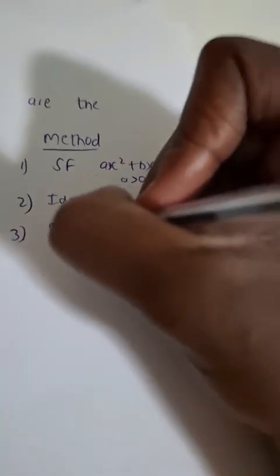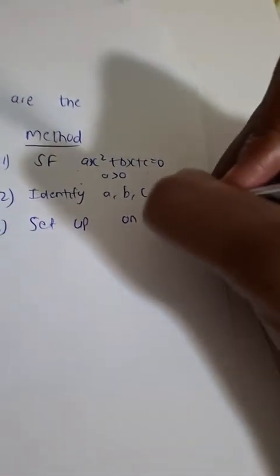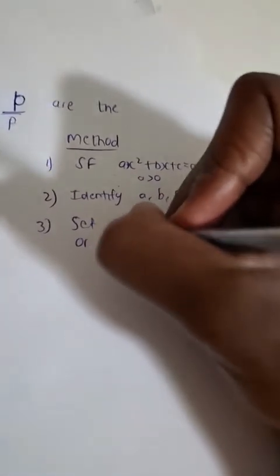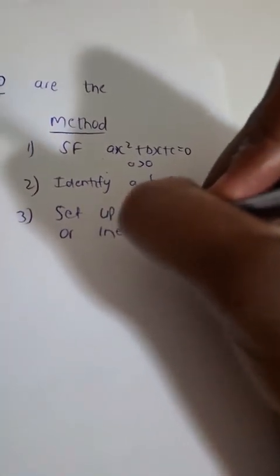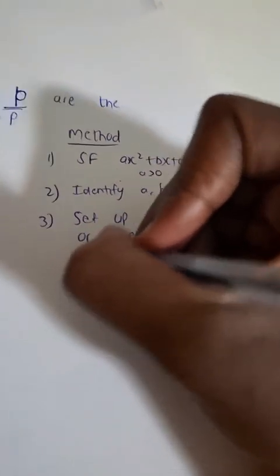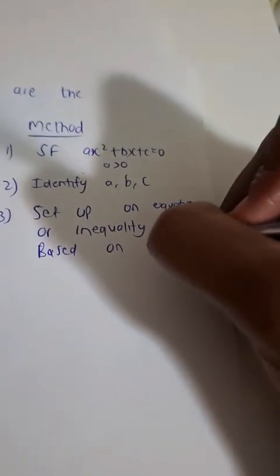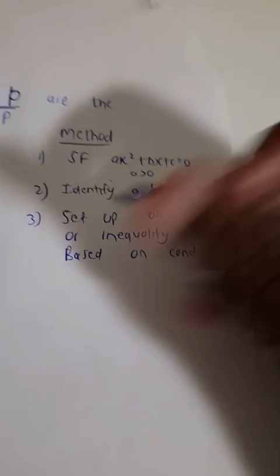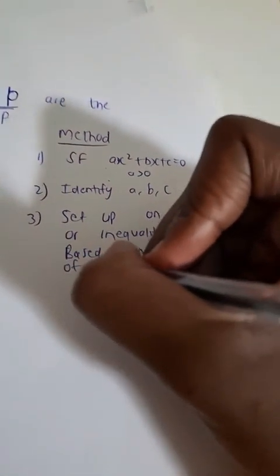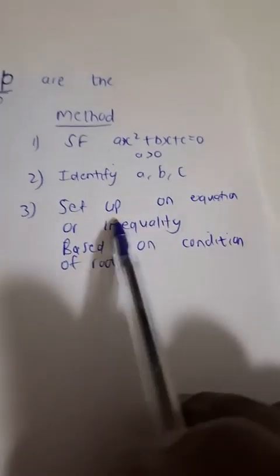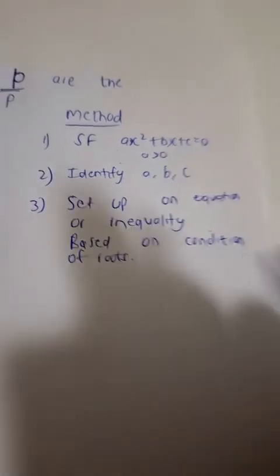And then 3, we need to set up an equation, or it can be an inequality based on the condition. Now you are asking probably like, what do you mean set up an equation or inequality based on the condition of the roots?